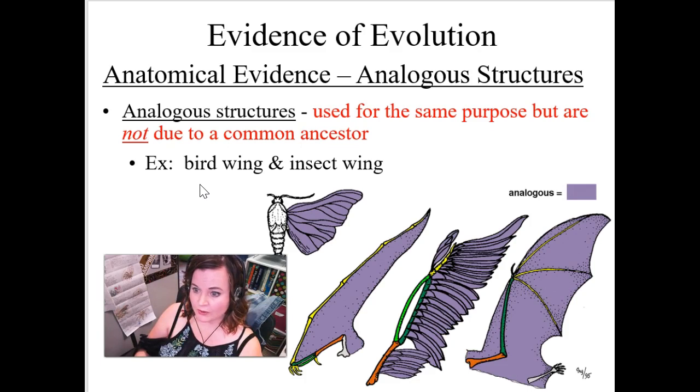So even though moths and bats and birds all have a wing structure that allows them to fly, because they're not anatomically similar to one another, you can't look at the bones and compare them, that does not infer a common ancestor. So just because they have the same modern function does not mean that they're related to one another.